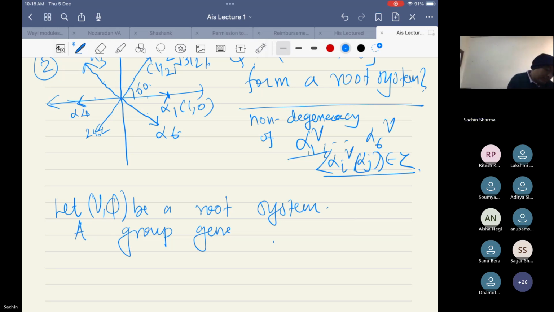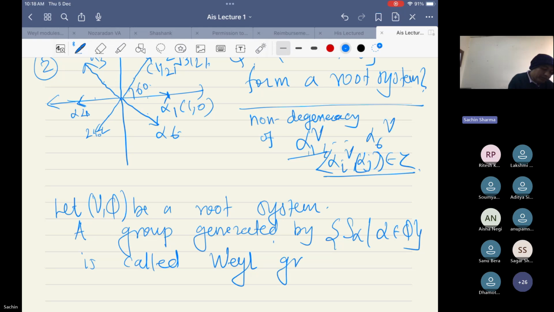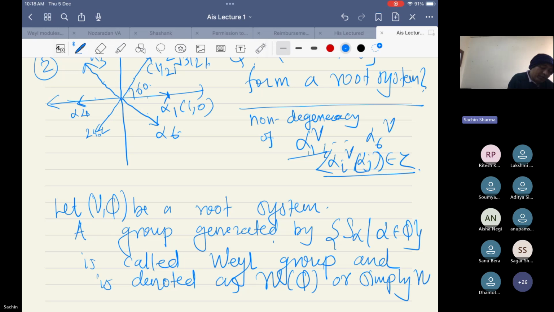The subgroup generated by all S alpha, alpha belongs to phi, is called the Weil group and is denoted as W of phi, or simply W if there is no confusion. Okay, so what about this group? Is it finite or infinite?